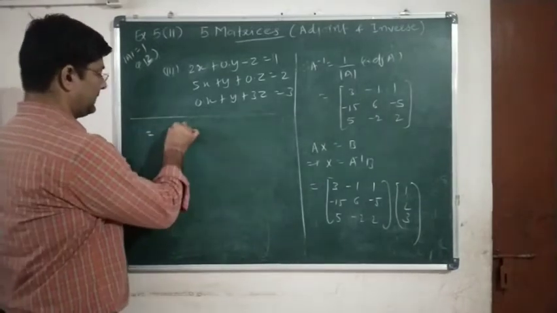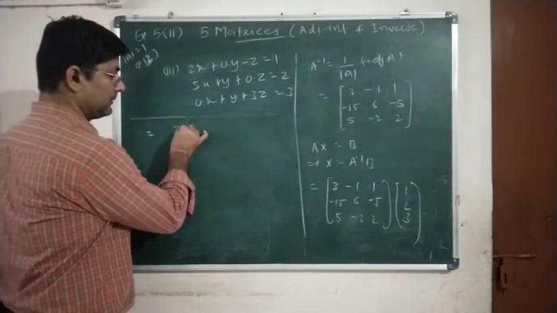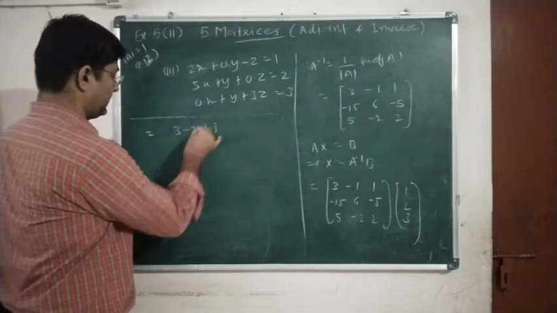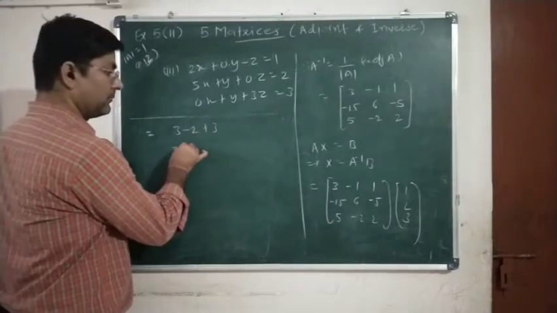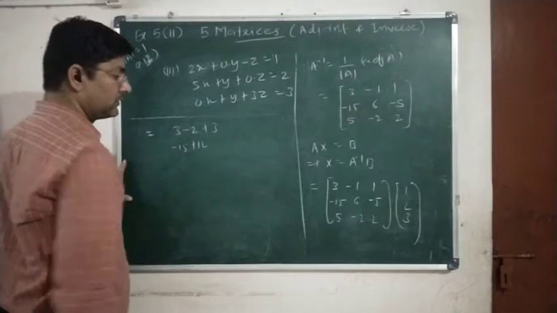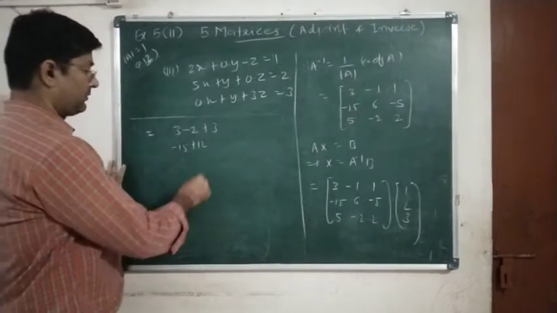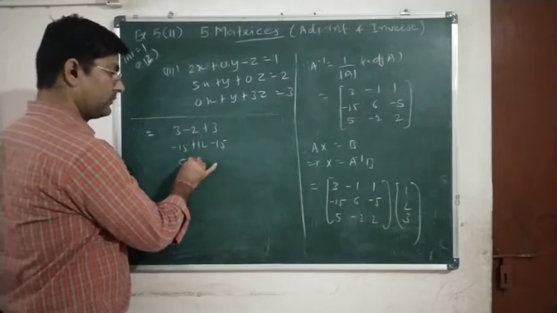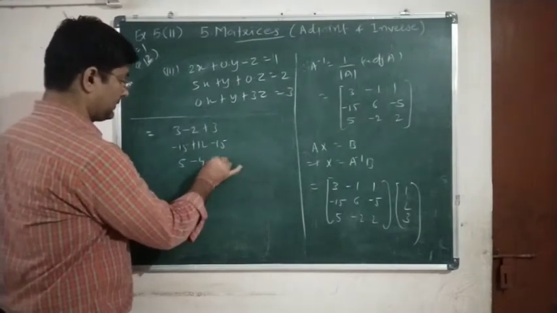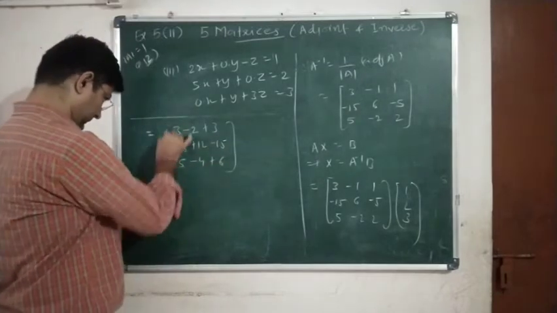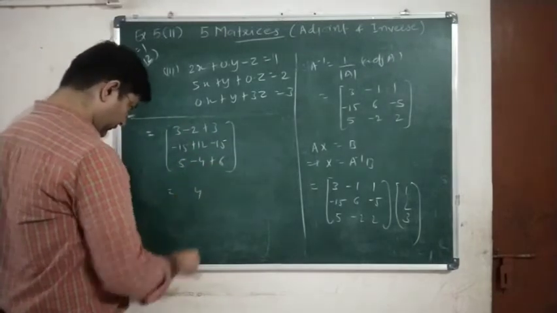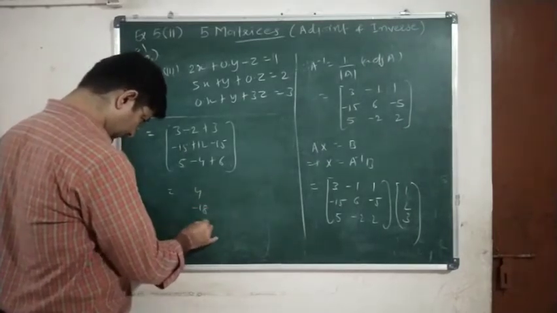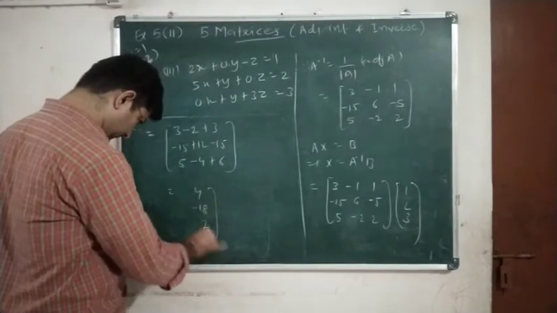So 3 1s are 3, minus 2 plus 3, giving 4. Then minus 15 plus 12 minus 15, giving minus 18. Then 5 minus 4 and so on, giving 7.